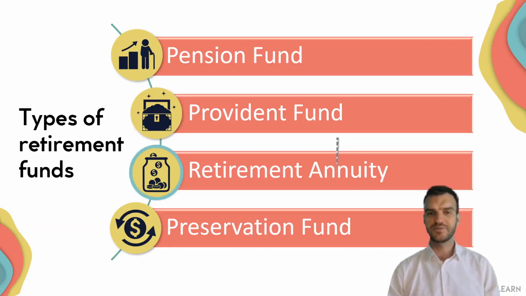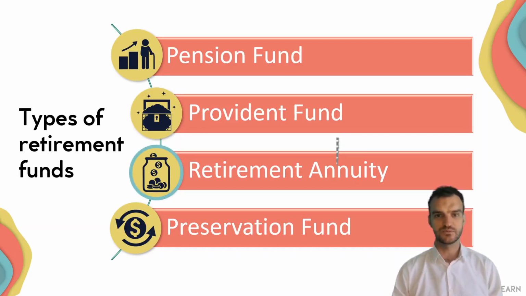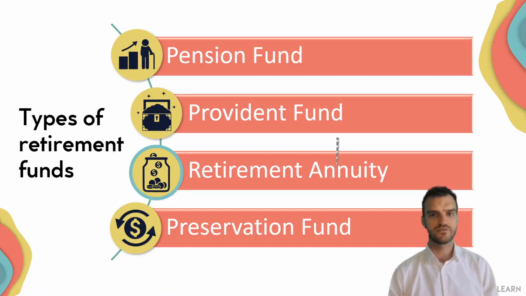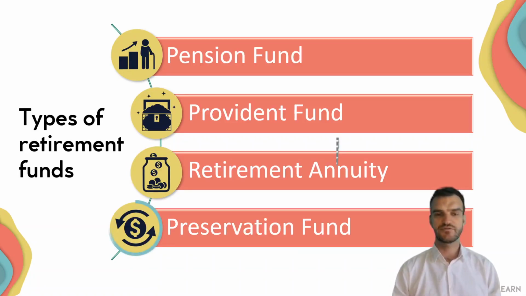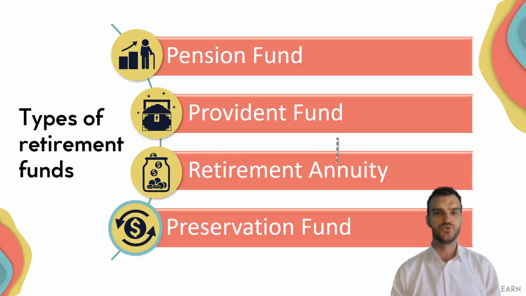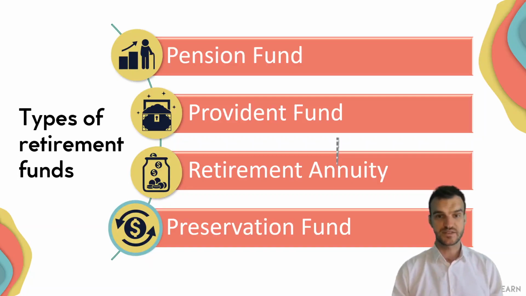Then there's a retirement annuity, which is not linked to your employment, which you can set up yourself. And then there's a preservation fund, which is for if your employment status changes, so you leave your employer, and your pension fund or provident fund therefore needs to be withdrawn. So let's look at these in more detail now.